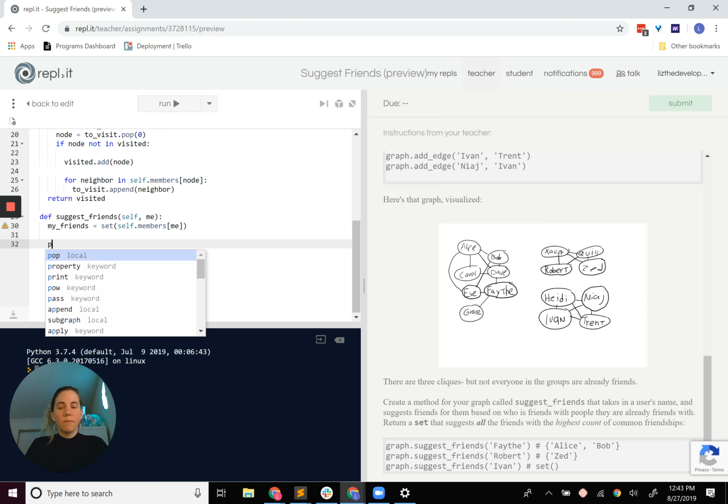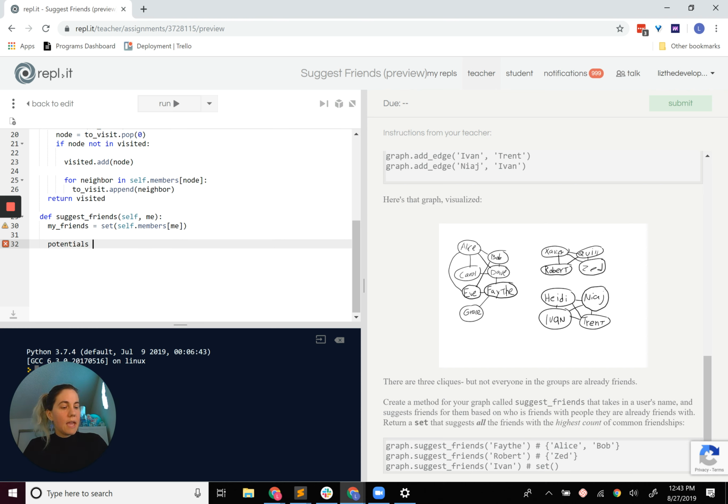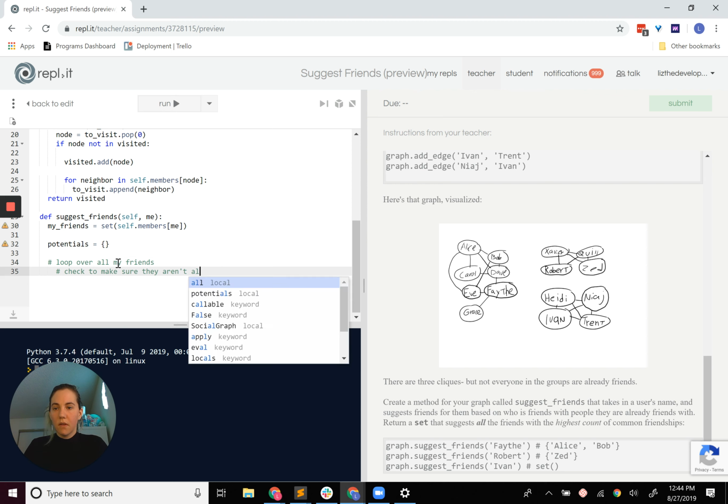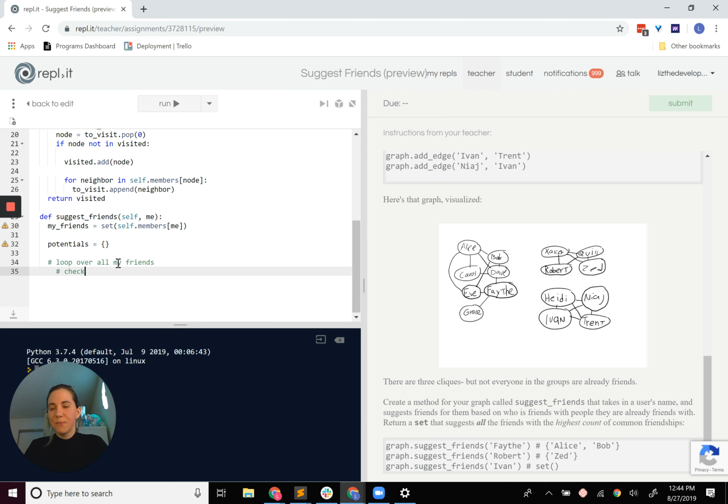And so what I'm going to do is keep track of this as potentials. And then I'm actually going to call this a hash map. And what I'm going to store in here is how many friends we have in common. That's the key. So what I'm going to do, and I'm not going to solve this fully, is loop over all my friends, check to make sure they aren't already, and then loop over all of their friends.